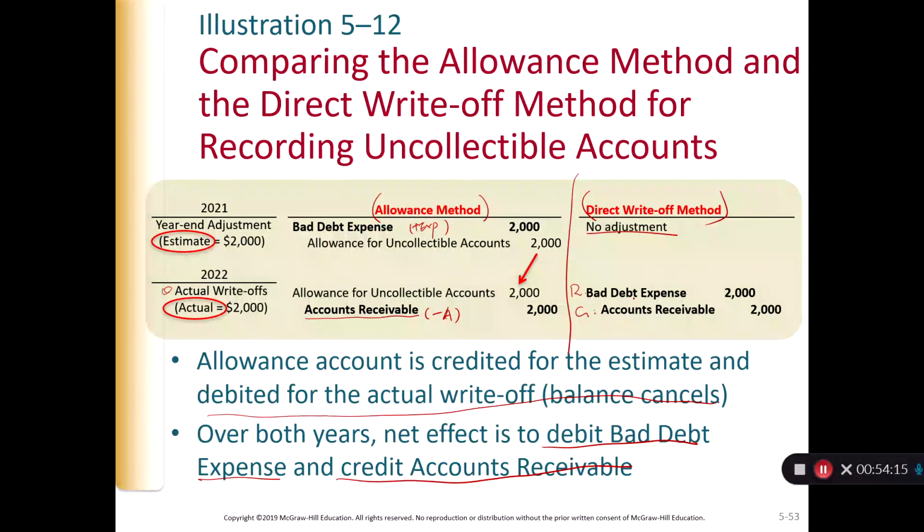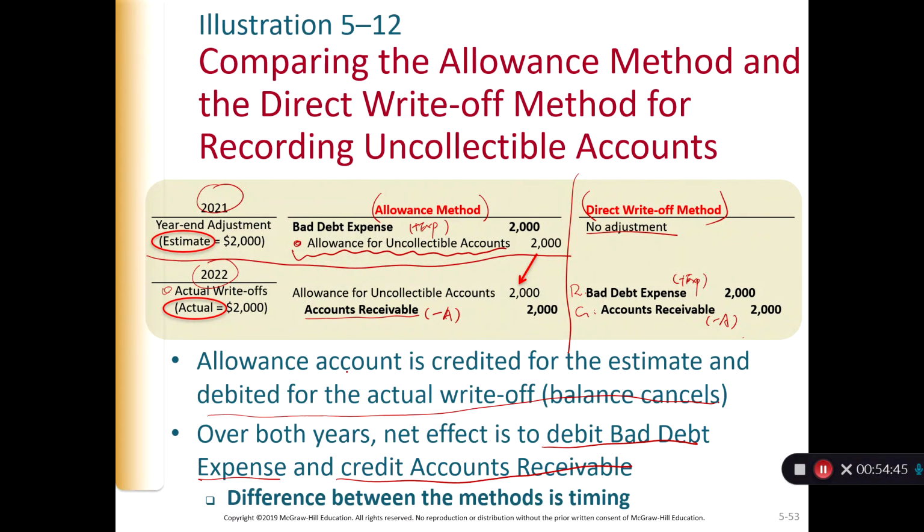Using the allowance method, you use a buffer account called the allowance account to separate the timing from year 1 to year 2. And using this buffer account, you conservatively record the negative news when you should record it, instead of waiting for it to happen.